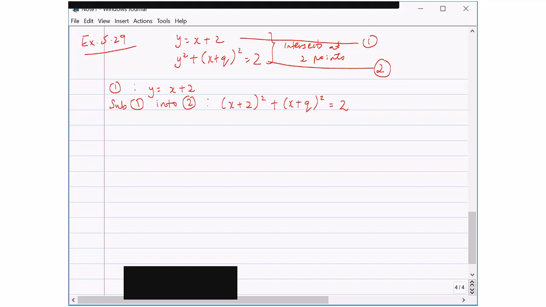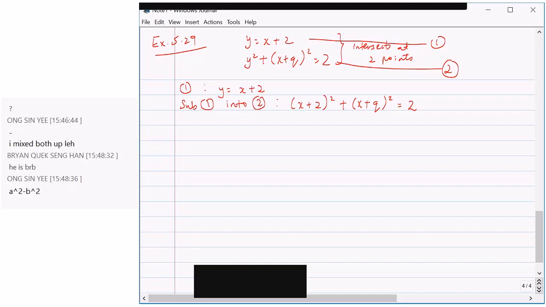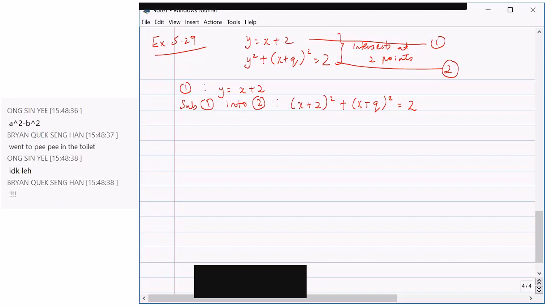Next step, Hanxiang, what do I do now? I think Hanxiang is not listening to me already. What do I do, Xingyi? Expand.